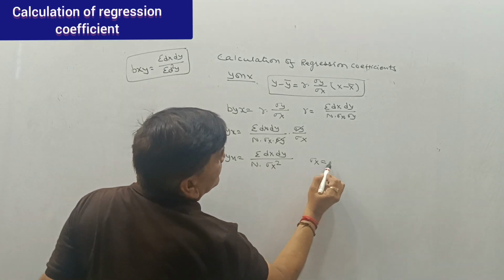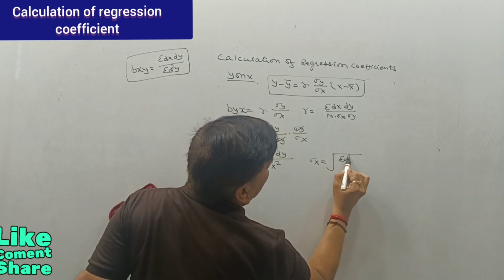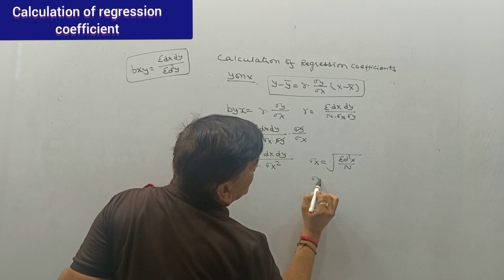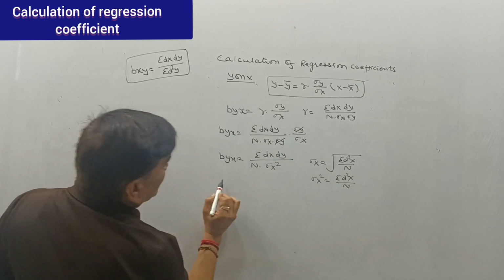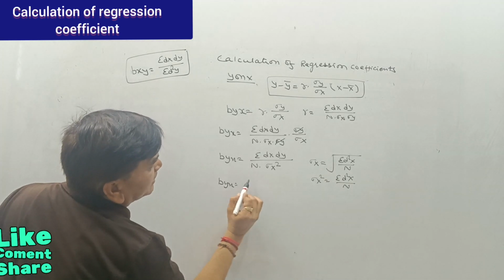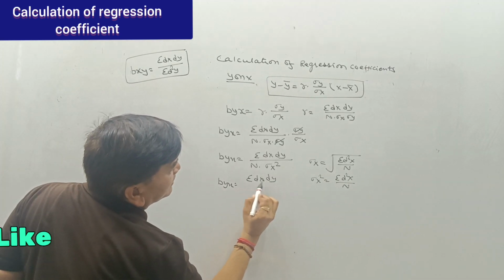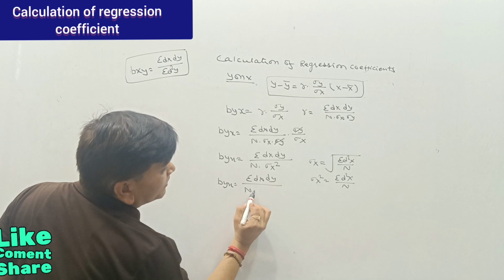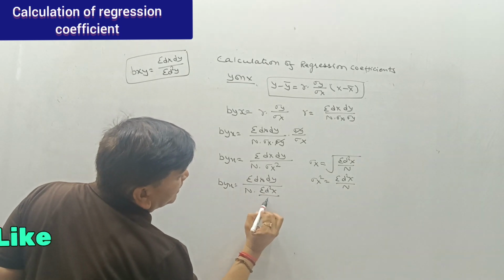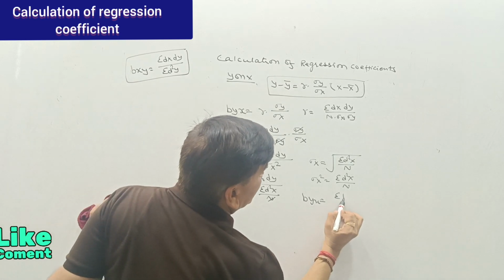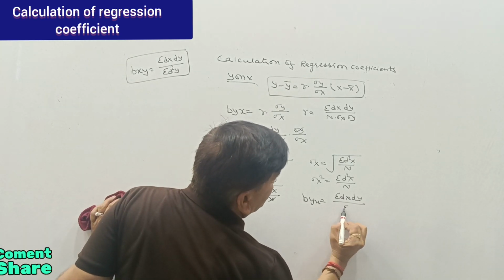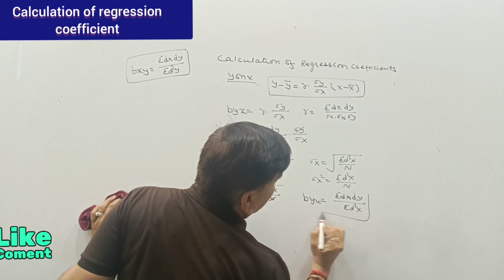Standardization x is equal to the root of sigma d square x upon n, so standardization x square will be sigma d square x upon n. So byx is sigma dx dy upon n multiplied by sigma d square x upon n, the n cancels with n. So the byx value will be sigma dx dy upon sigma d square x.